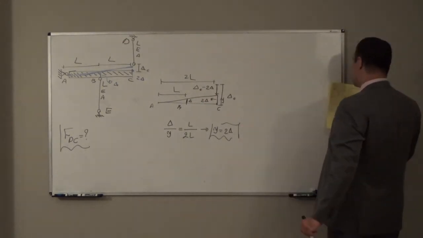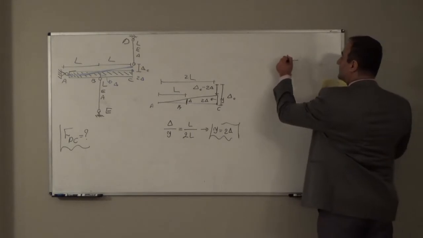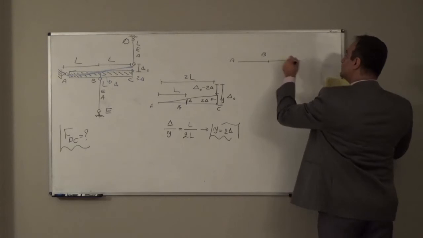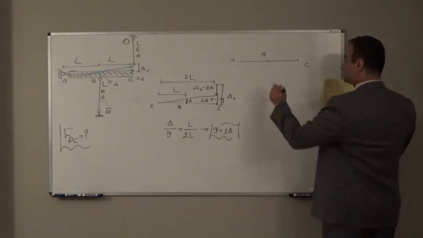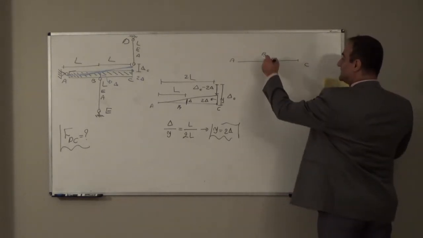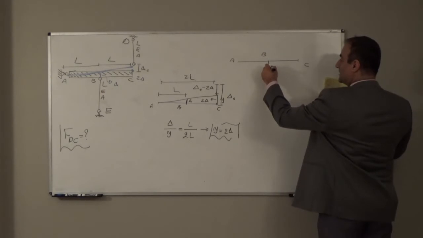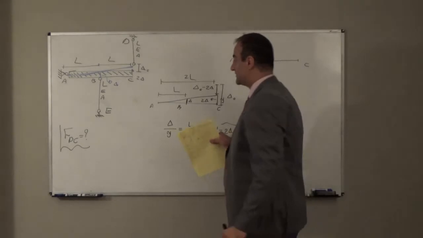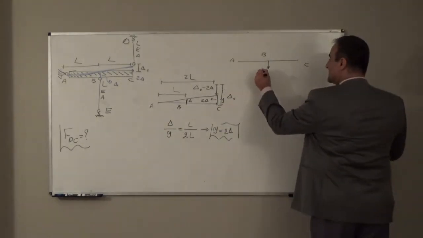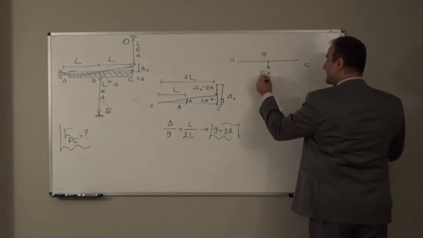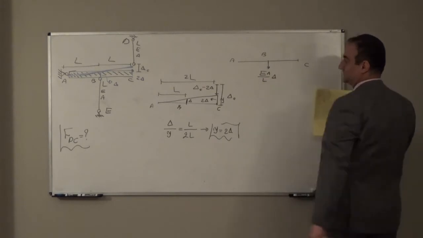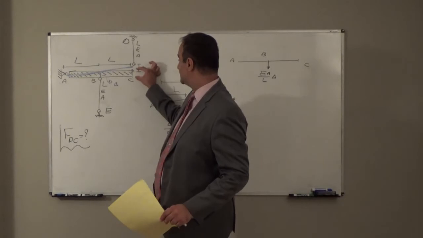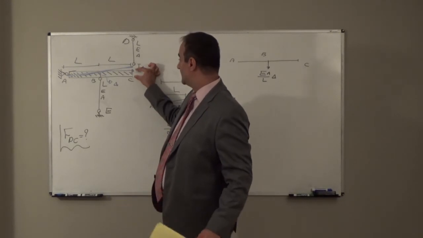So if we have this situation, look at the beam again, A, B, C. Deformation here is delta, it goes up. Tension force here will be the stiffness of this member, which is EA over L times delta. If this goes up delta, this point will go up 2 delta.